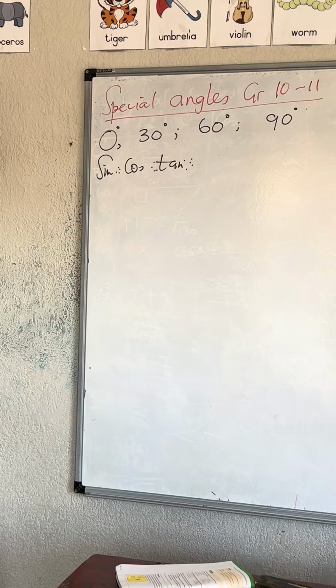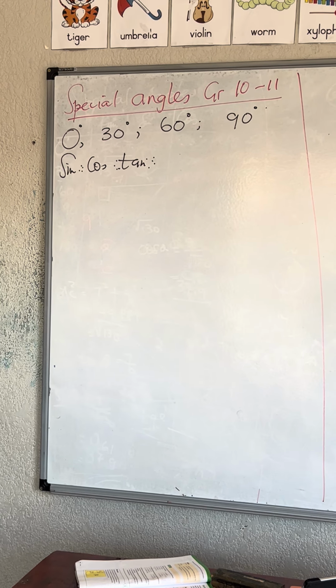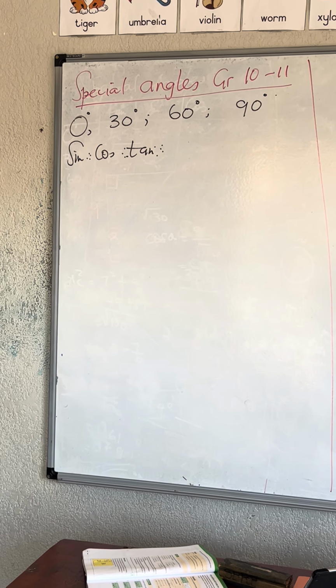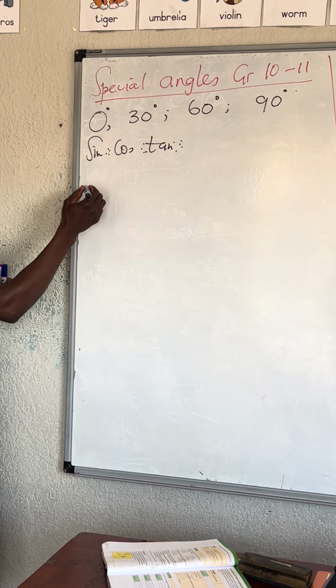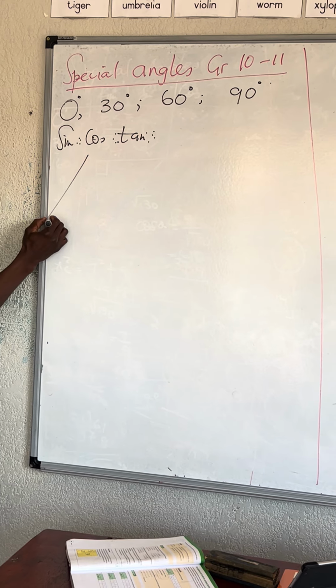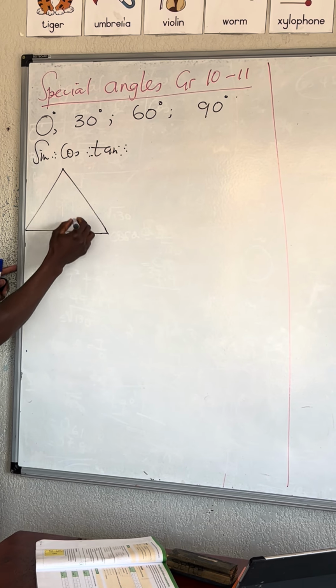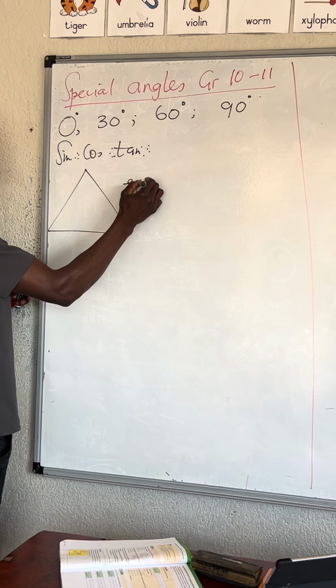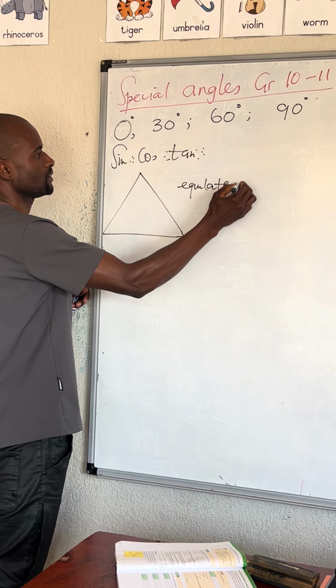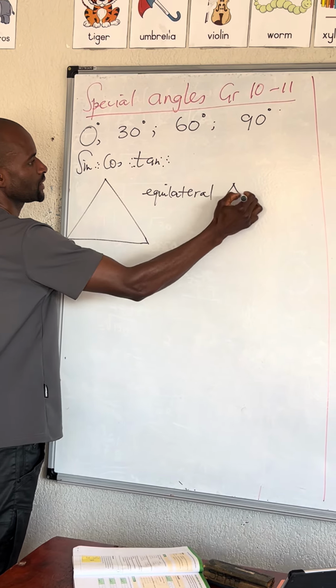What is important is that we need to know which shapes we are going to use. Mostly for special angles, we use two shapes. These two shapes involve a triangle, mostly an equilateral triangle.